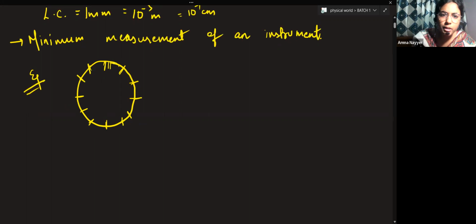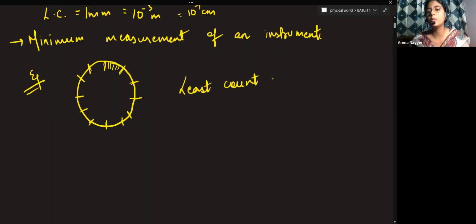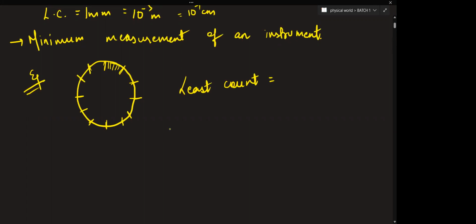Then you are able to see minute calibrations also. So this clock is able to measure 1 hour, 1 minute, 1 second. So tell me, what will be the least count of this wristwatch? Yes, Aram, you will answer. A second? A second, 1 second.